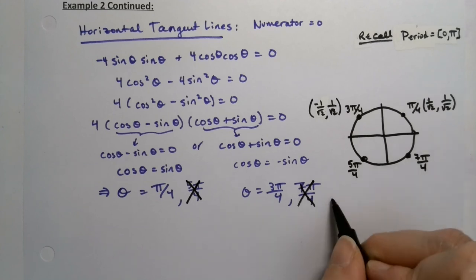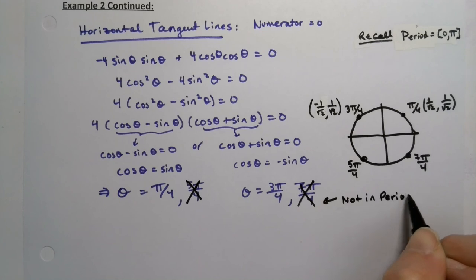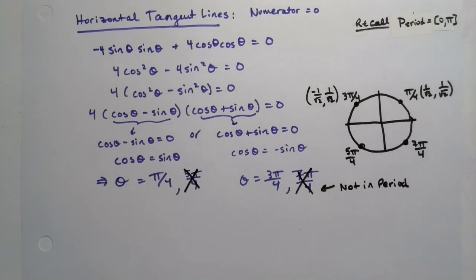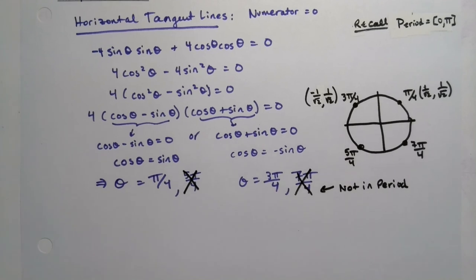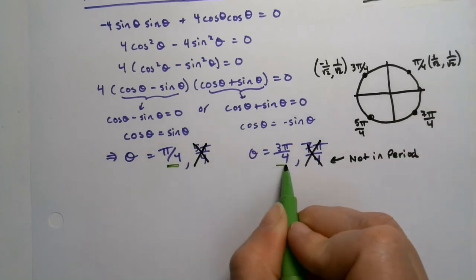All right, so those two, not in the period, going to kick them out. So then now we have what we need to make the polar points, because the polar points would be, let me see here, at these two values, right?